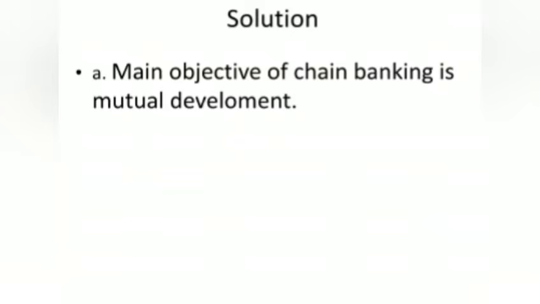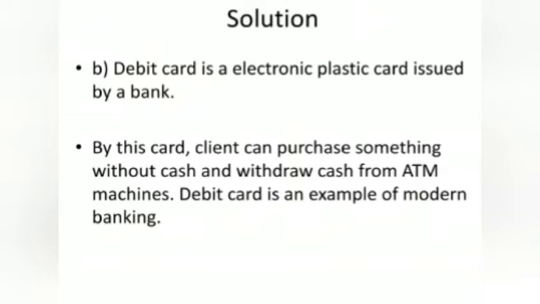Question number A was, mutual development is the main objective of which bank? Here is the answer. Main objective of chain banking is mutual development. Then question number B was, what is debit card?